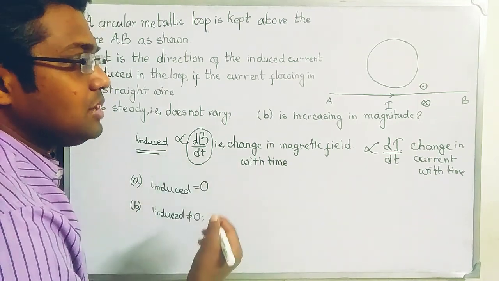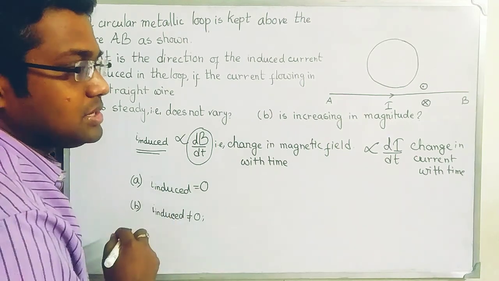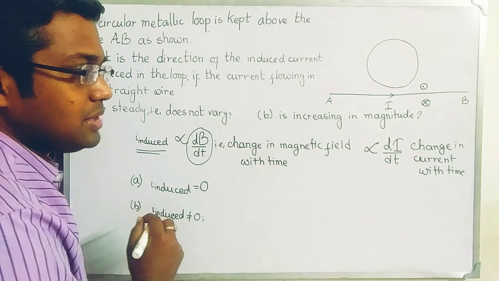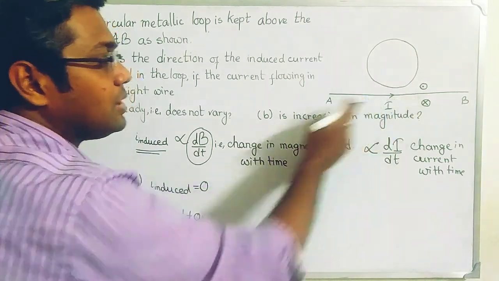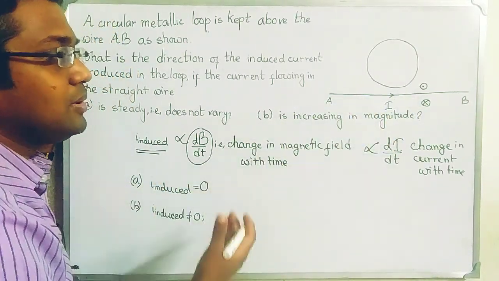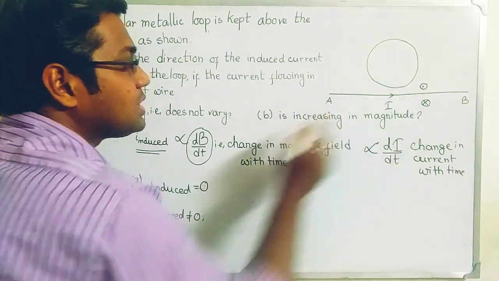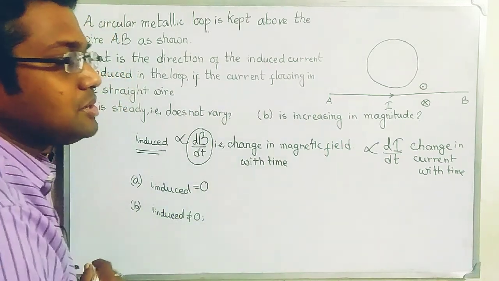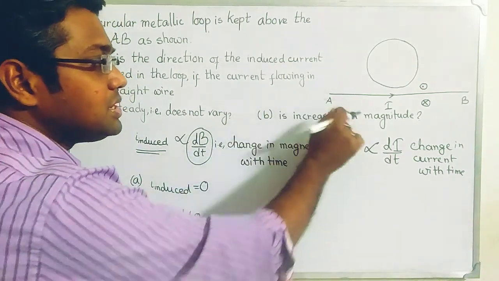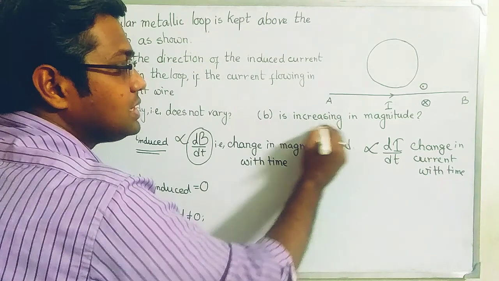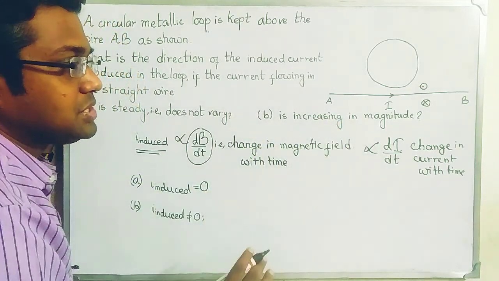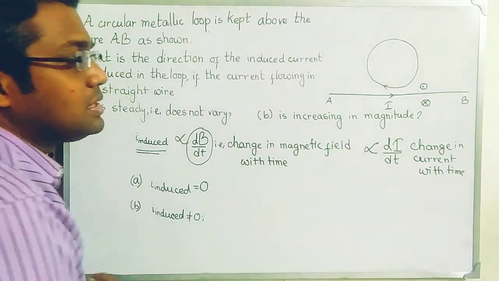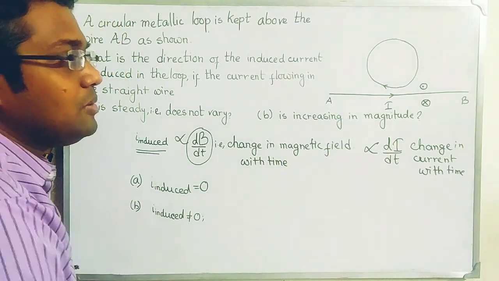The induced current will be such that, according to Lenz's law, it opposes the cause. The cause means the change in current flow here. If the current flows from A to B and its magnitude increases with no change in direction, then the current flow in this loop will be in this direction.